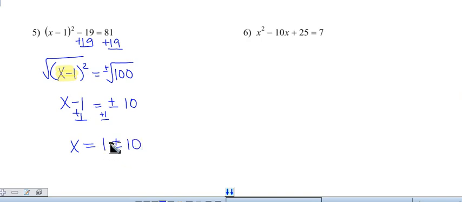Now I'm not done because I actually can solve this. This is going to result in two answers. The first one would be 1 plus 10, which is 11. And the second one would be 1 minus 10, which is negative 9.